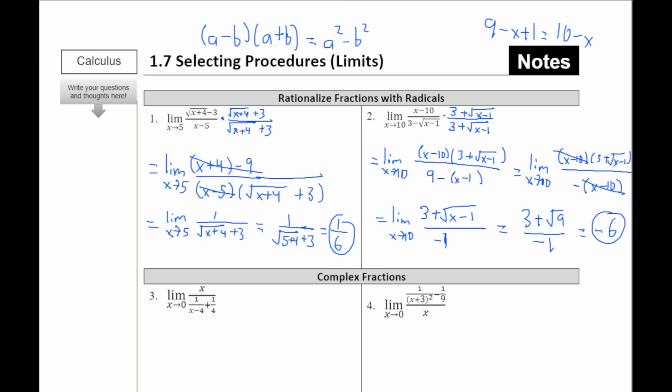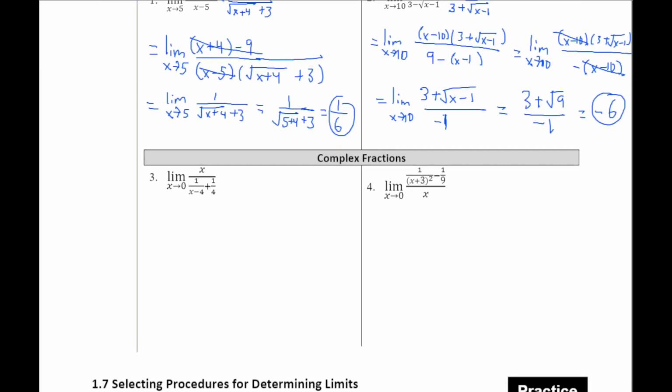All right, so this bottom part here is now with complex fractions. This is something students struggle with a lot, so it might take some more time, but let's get through this.